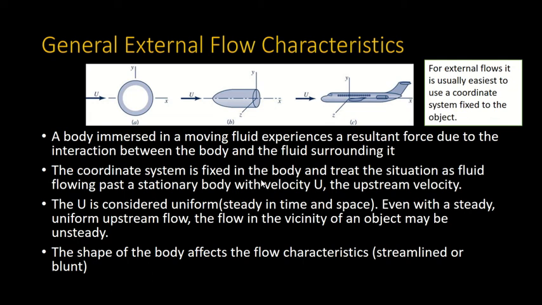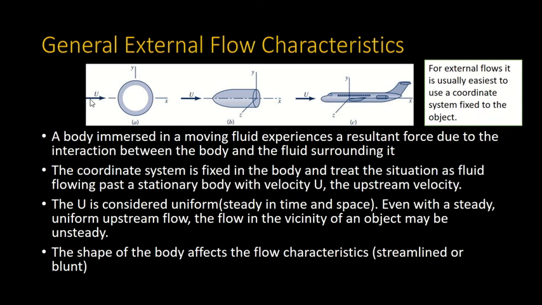As you can see in this figure, in order to do the experiment or the numerical simulation, we need to identify the coordinate system. For external flow, we use a coordinate system that is fixed to the object. You have an incoming velocity, and throughout this chapter we assume it is uniform.